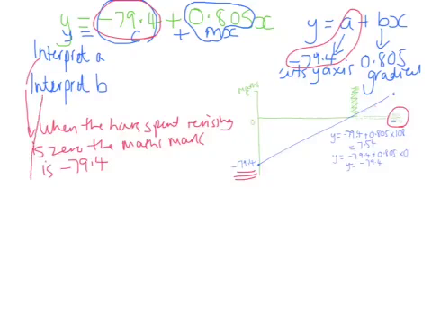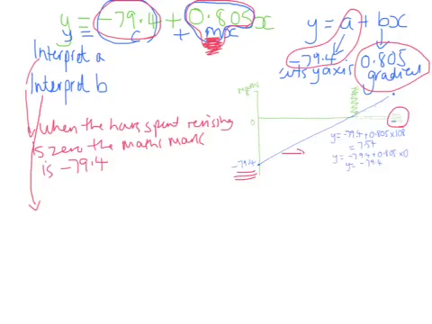Okay, interpret B. Now, what was the B? This was the B here. So we've already said that the B is the same as M in the line y equals mx plus c. So the B is actually the gradient. Now you can't just say it's the gradient. What you have to say is this.